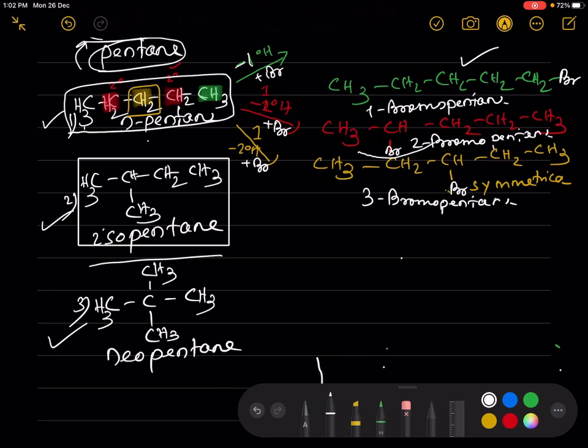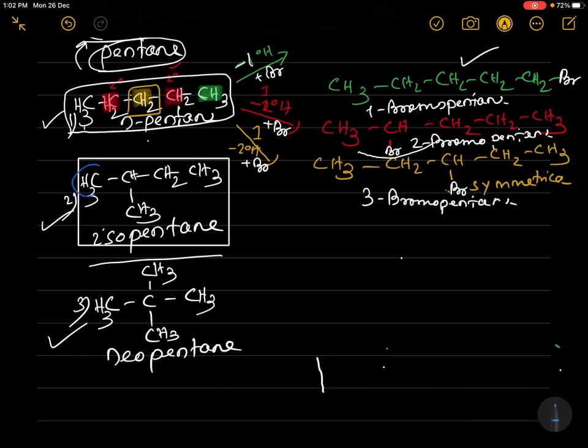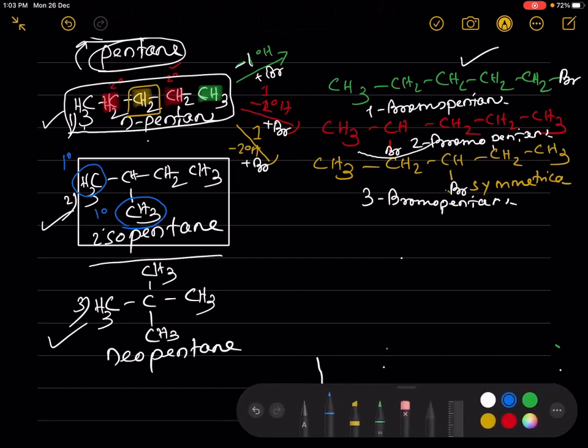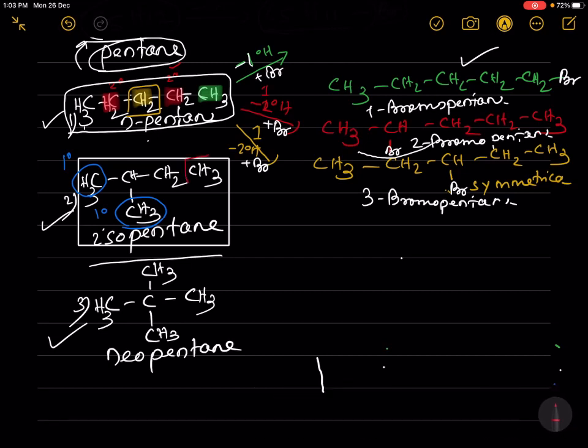You see, this carbon and this carbon are the same type, primary, primary. But this carbon is also primary, but slightly different than these 2 blue colored primary carbon atoms.